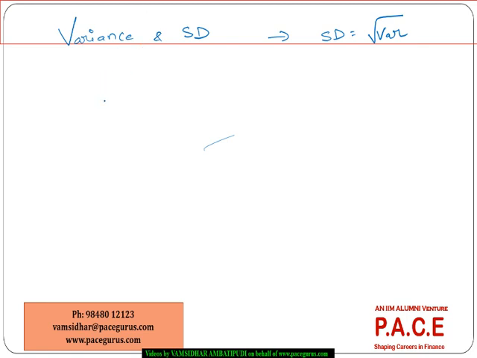Whenever we define the word variance for any random variable, we are talking about the level of unpredictability, the level of randomness that is associated with our variable.